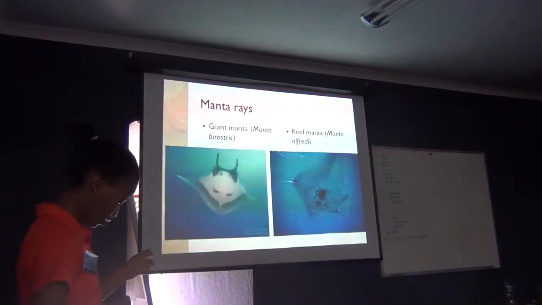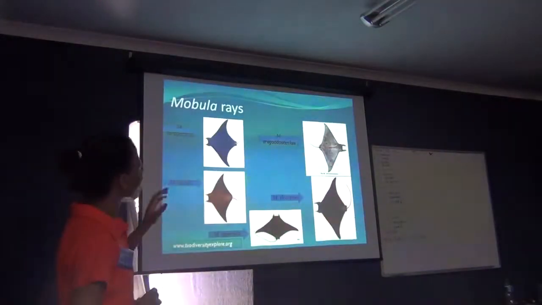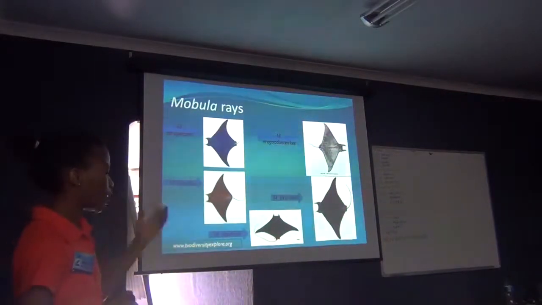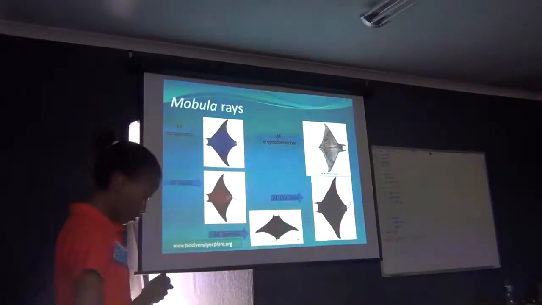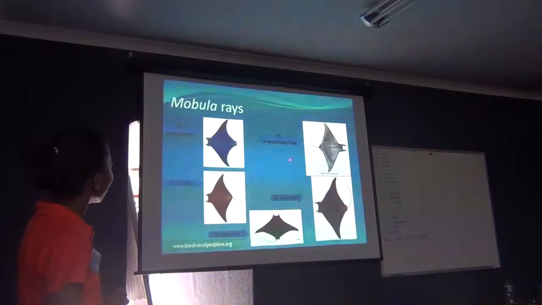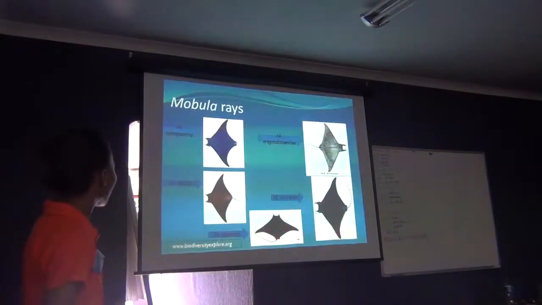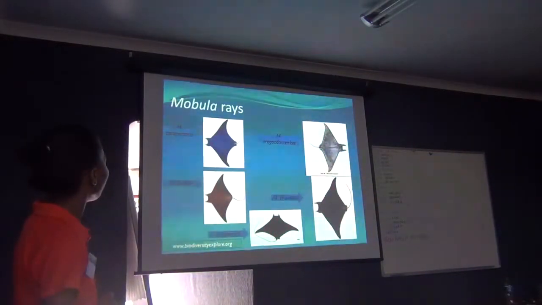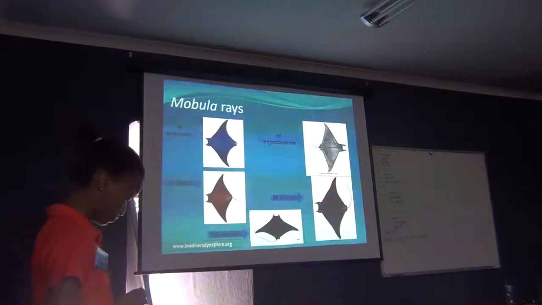And the remaining 5 fall under the genus Mobula: the longhorn devil ray, Mobula eregoodootenkee, Mobula thurstoni, Mobula japonica, Mobula kuhlii, and Mobula tarapacana.